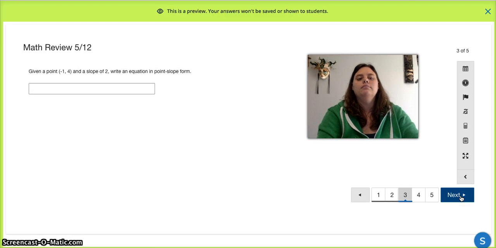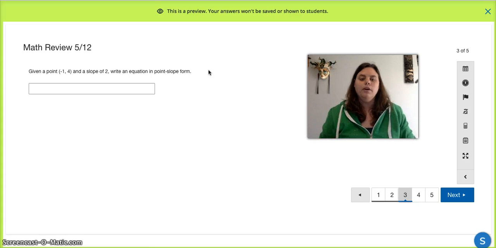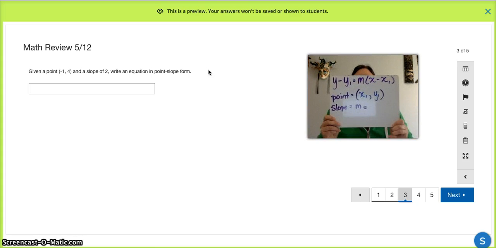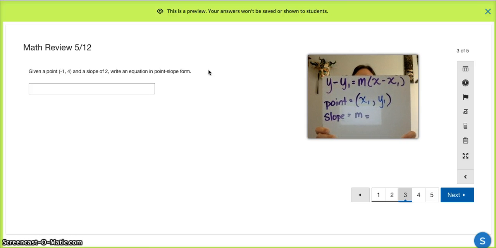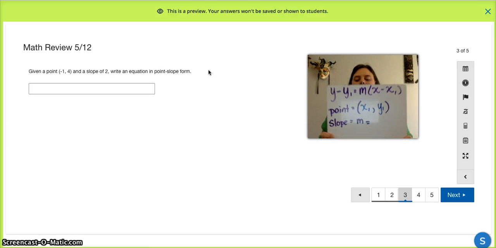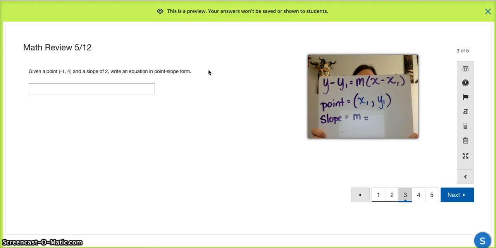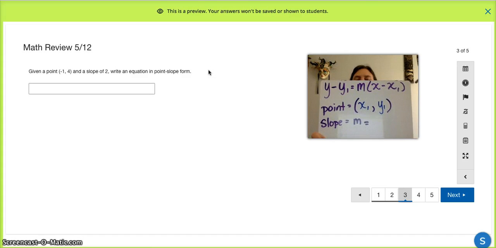Given a point, -1, 4, and a slope of 2, write an equation in point-slope form. Again, from yesterday, you may remember that our point-slope form is y minus y1 equals m times x minus x1, where your x1 and y1 come from a point, and your slope is that value m.